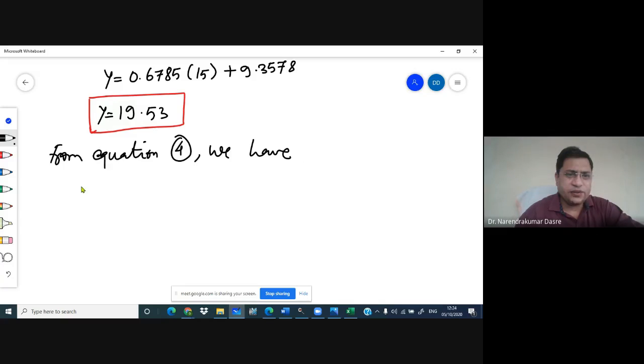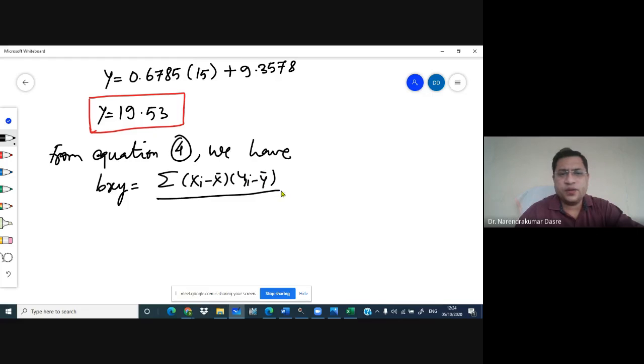So we have bxy equal to summation (xi minus x bar)(yi minus y bar) upon summation (yi minus y bar) square.